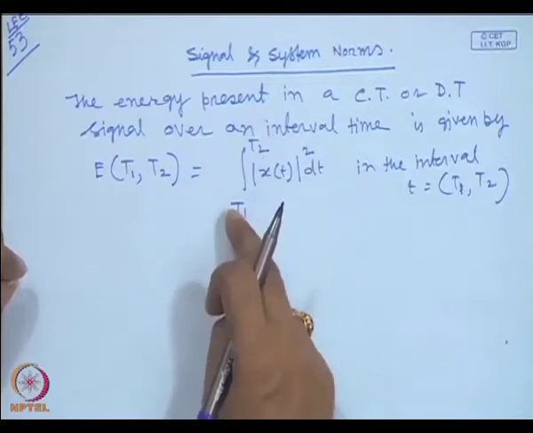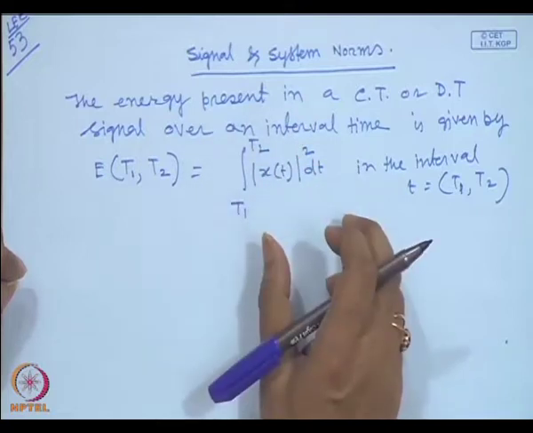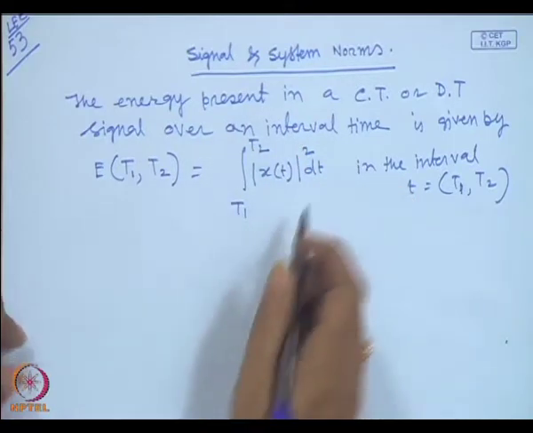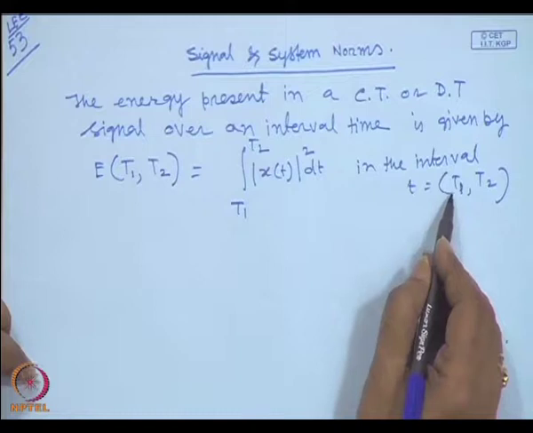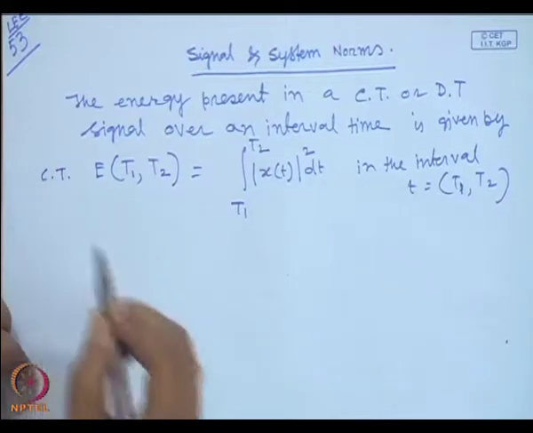What is the power? I square into R, and R is 1, so simply it is I square, and I is a signal. So, if you consider x of t as the current I, then I square into R, with R equal to 1, is the power. Then over the interval T1 to T2, it is nothing but the energy contained in this signal over that interval. This is the case for continuous time.